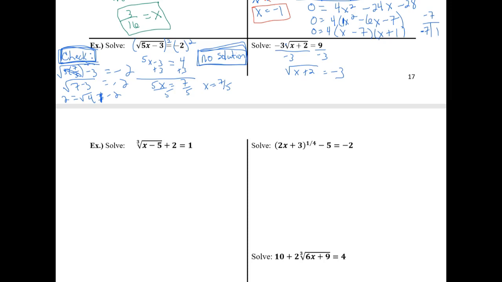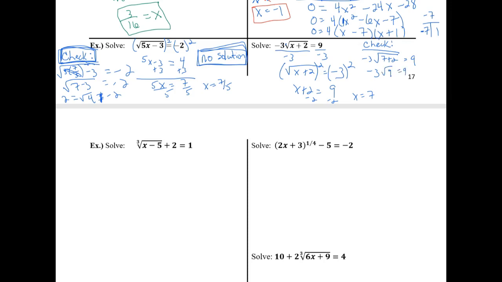Again, if you forgot, you could just keep solving it. And I'd have x plus 2 equals 9. Subtract 2, and x equals 7. I would check it, replacing the x with 7. 7 plus 2 is 9.